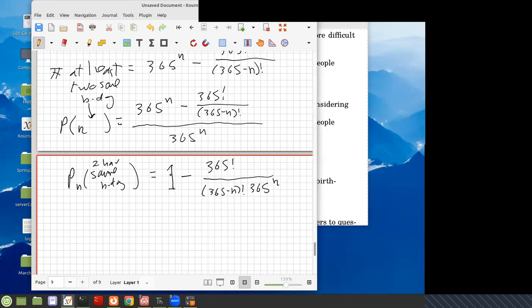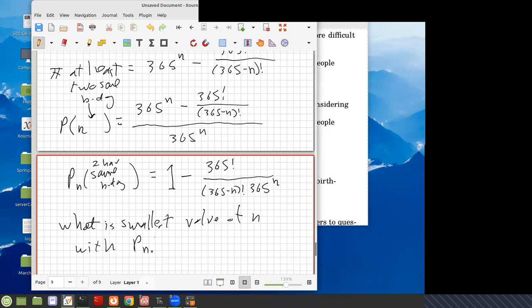So obviously, if we want to figure out for what n this is 1/2, towards 50-50, the question is, using this formula, what is the smallest value of n with the probability here being greater than or equal to, say, 90%?